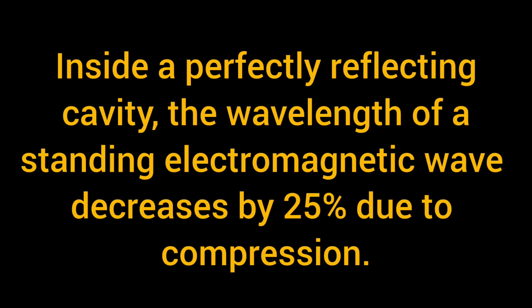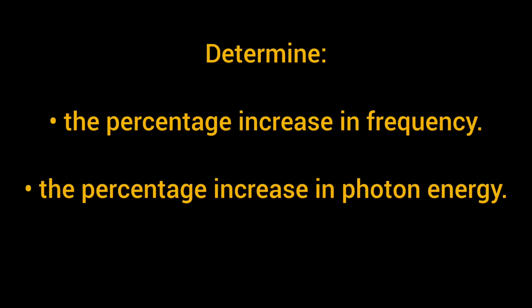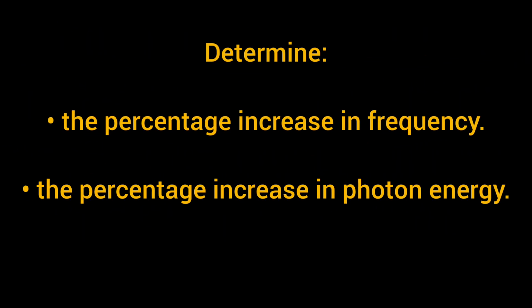Inside a perfectly reflecting cavity, the wavelength of a standing electromagnetic wave decreases by 25% due to compression. You have to determine the percentage increase in frequency and the percentage increase in photon energy.